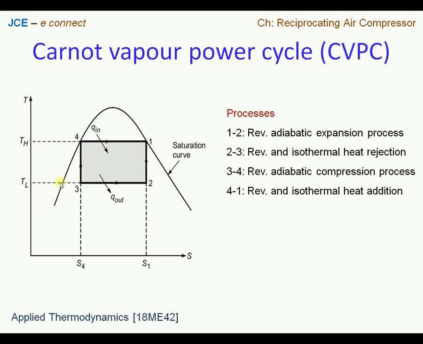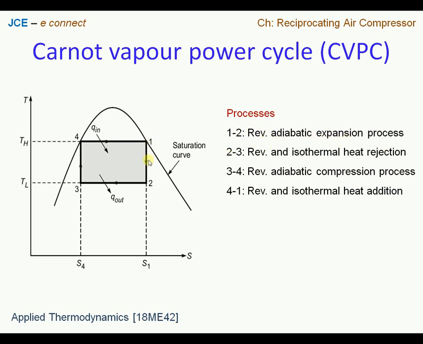We have a saturation dome, where the first part of the saturation dome up to the peak represents the saturated liquid curve, and the second part represents the saturated vapor curve. So this is for steam or water. Now we have process 1 to 2, which is a reversible adiabatic expansion process.